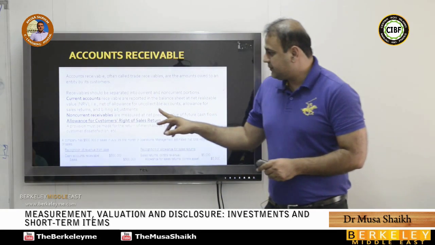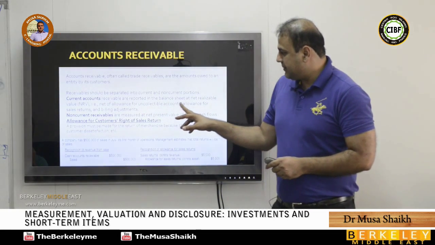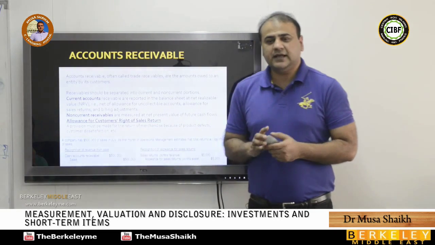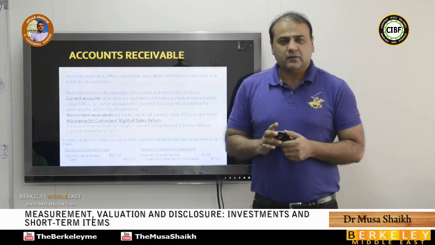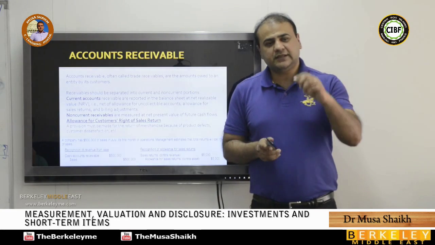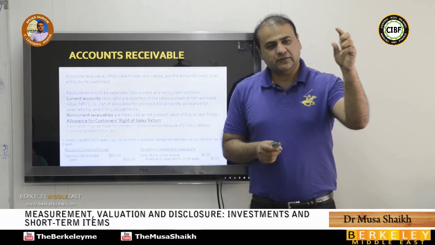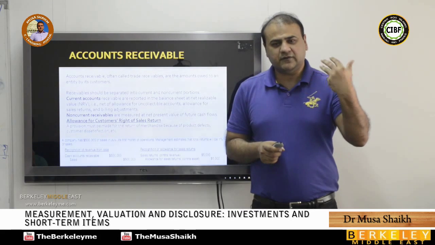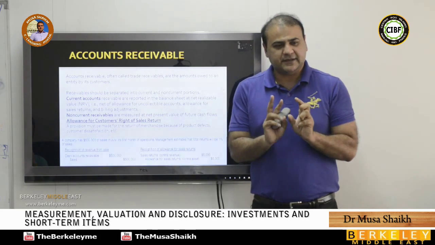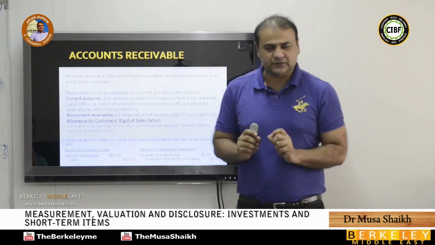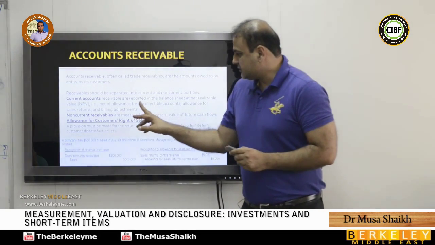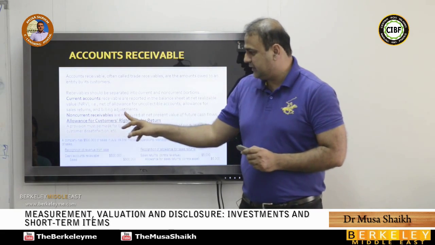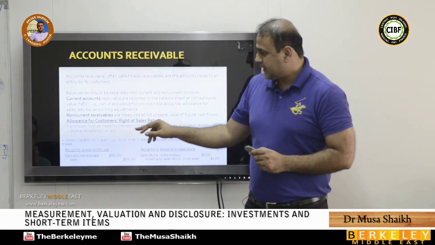Current accounts receivable are reported in the balance sheet at NRV, that is net realizable value. What is net realizable value? You take the total value and subtract any kind of provision or allowance, so you get the net realizable value: net of allowance for uncollectible accounts, allowance for sales returns and billing adjustments.